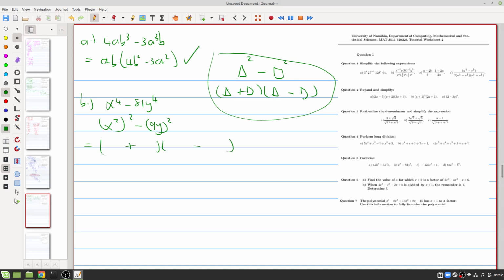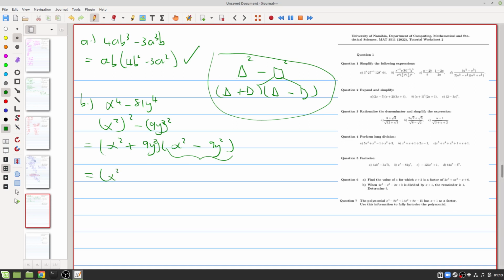And then just like here, if it was triangle squared, now it's x squared squared, so it just becomes x squared and x squared. And then in the second part is the second thing. So what's in here is 9y squared, so 9y squared and 9y squared. And that's it. Oh, sorry. That's a square and that's a square.